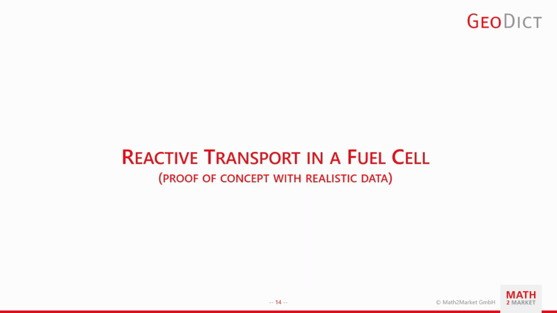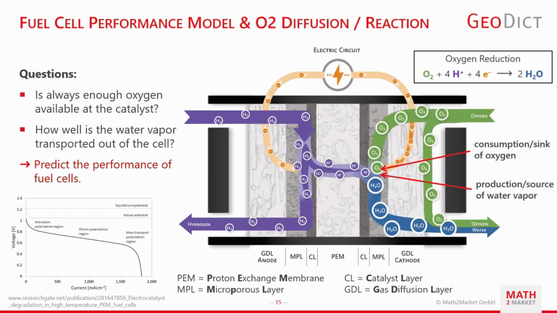Okay, so the next benchmark I would like to show you is a benchmark of a PEM fuel cell. It's a proof of concept, so we don't use it for prediction. We're far away from that, I think, or not so far away from that, but it's a first step towards prediction. But what's special here is that I use realistic data in order to demonstrate that the solvers are actually stable. In this benchmark, we are simulating the oxygen and the water vapor transport through the cathode side of a fuel cell.